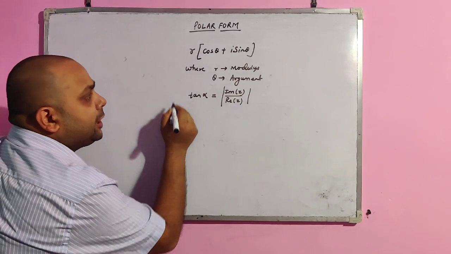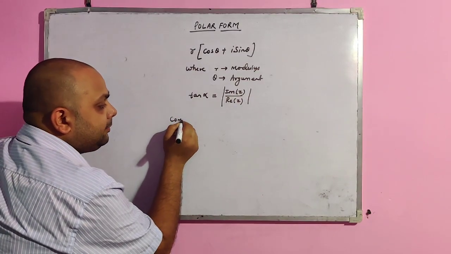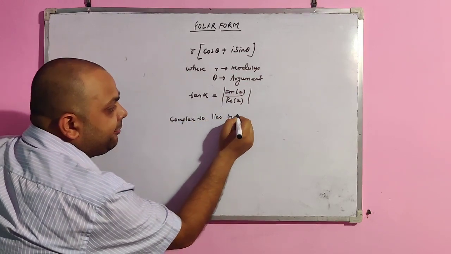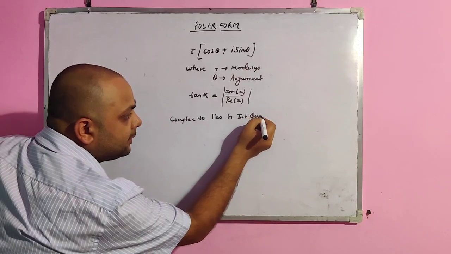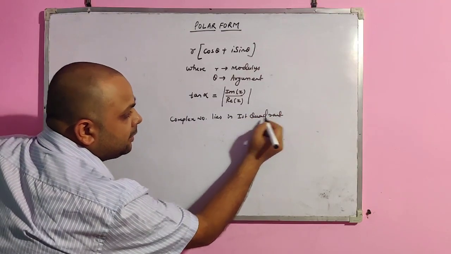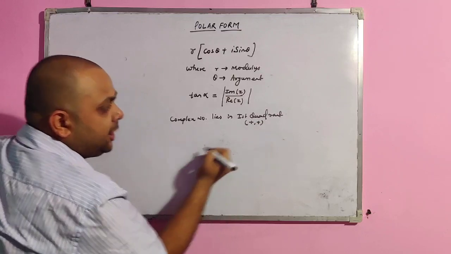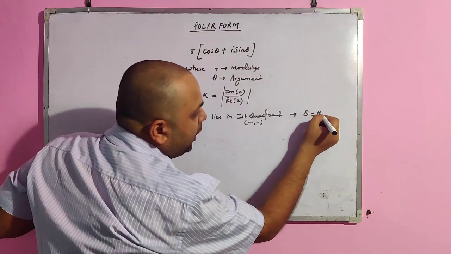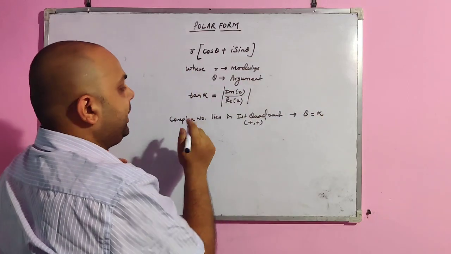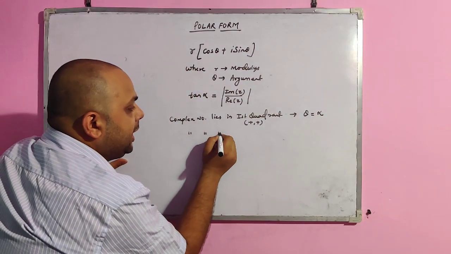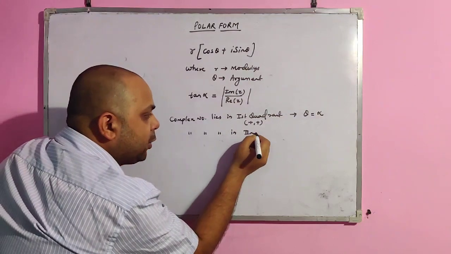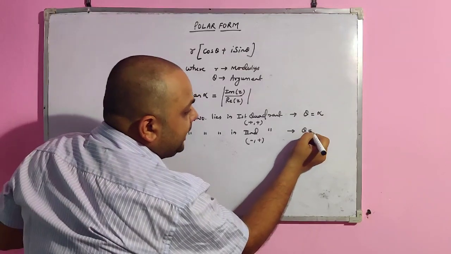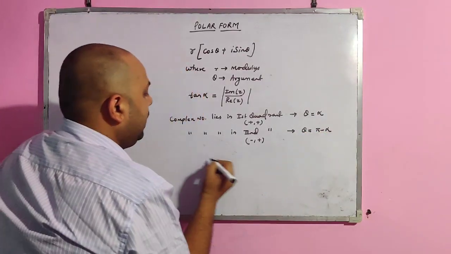Now if the complex number lies in the first quadrant, that is, real and imaginary both are positive, then theta is equal to alpha. What is theta? Theta is the argument. If the complex number lies in the second quadrant, that is minus plus, theta can be calculated as pi minus alpha.